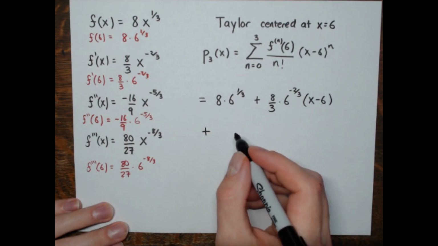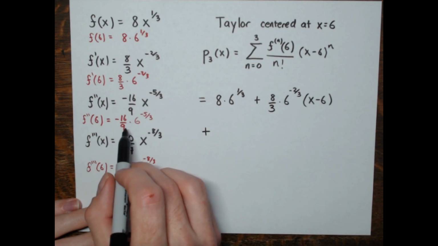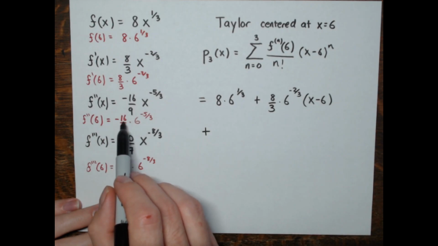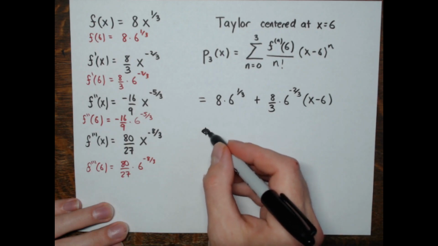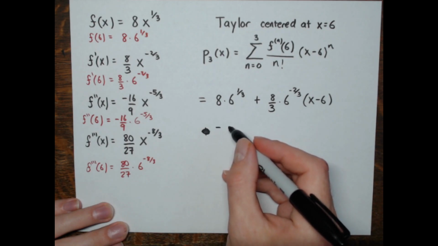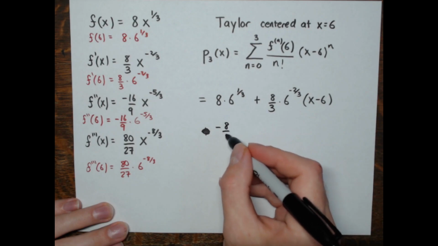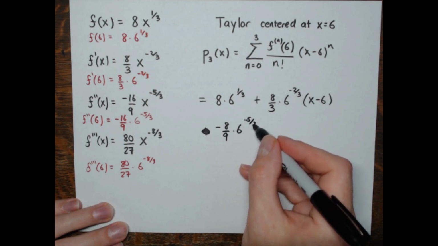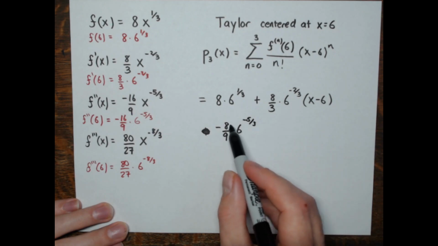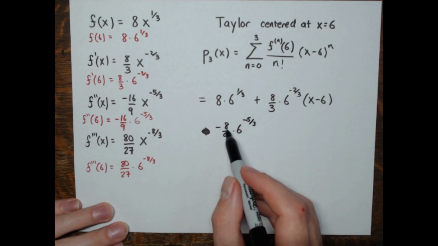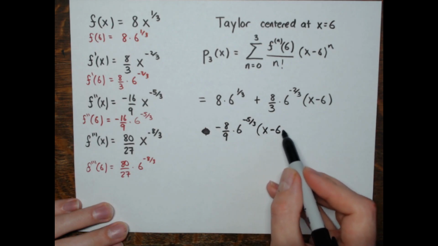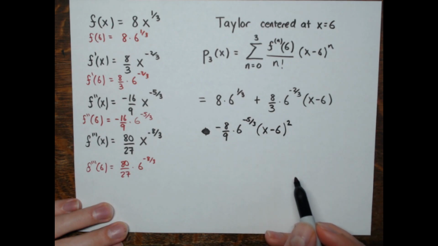Then plus the second derivative divided by 2 factorial. Now negative 16/9, when I divide that by 2, that'd be negative 8/9, so this would be minus 8/9 times 6 to the negative 5/3. That's the second derivative at 6 divided by 2, times the second power of x minus 6.